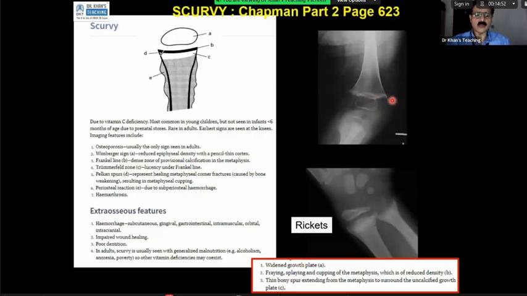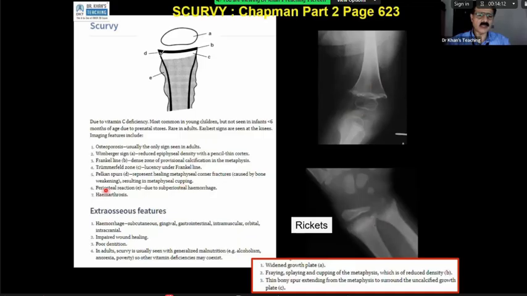I was differentiating this from the appearance in scurvy, where there is splaying around the non-calcified cartilage. Here the concept is the Pelkan spur. The Pelkan spur is due to microfractures secondary to bone weakening, and it also results in metaphyseal cupping. So there is cupping, but the mechanism is different, and that's why it should be discriminated. Both conditions can cause metaphyseal cupping.